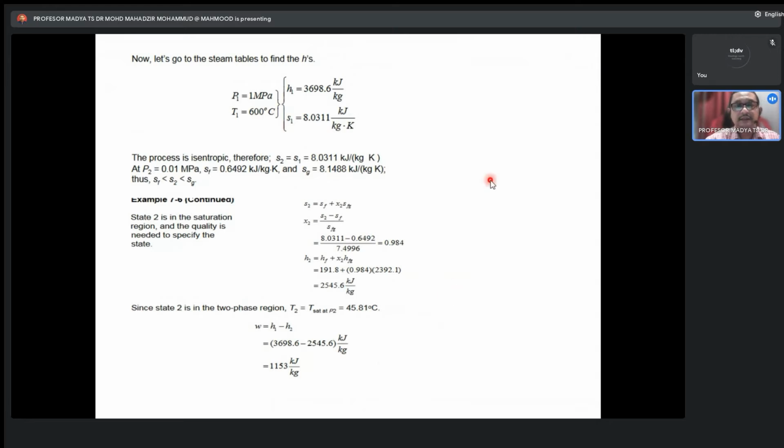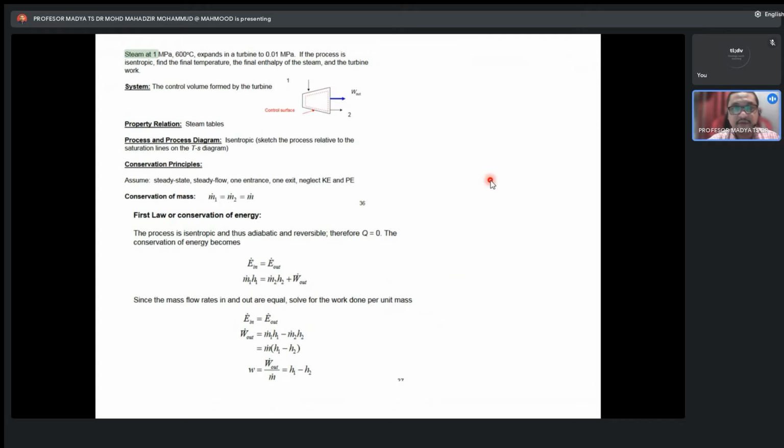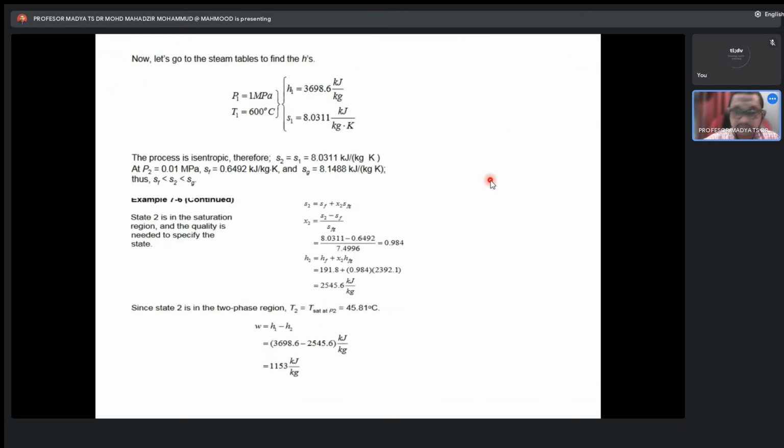Okay. After you have defined the formula that will be used, then you come to find, using steam tables, because this problem uses a vapor or steam. That's why it uses a steam table.